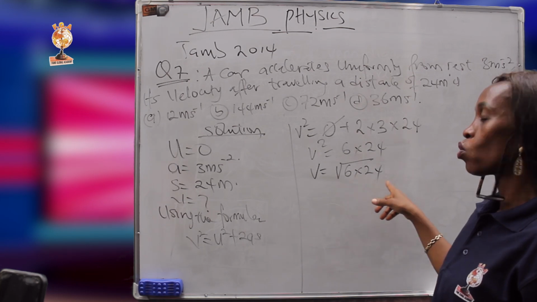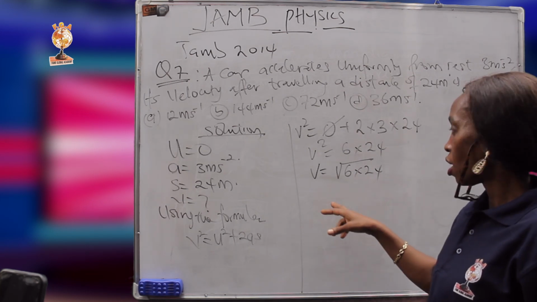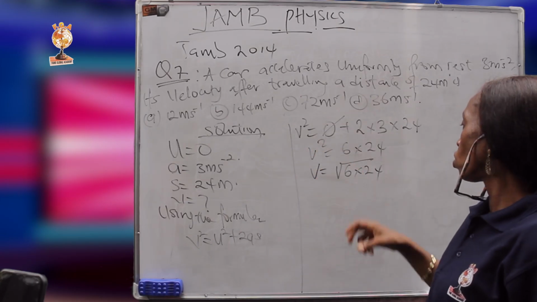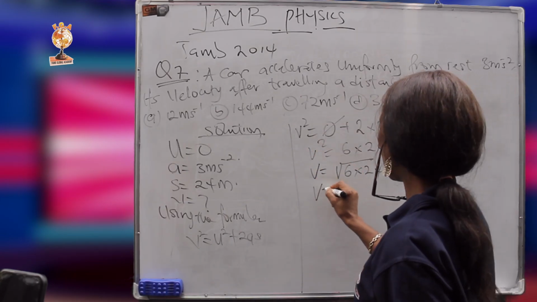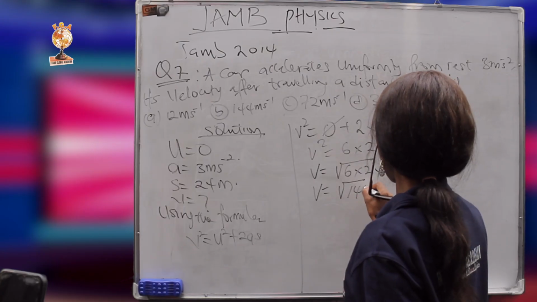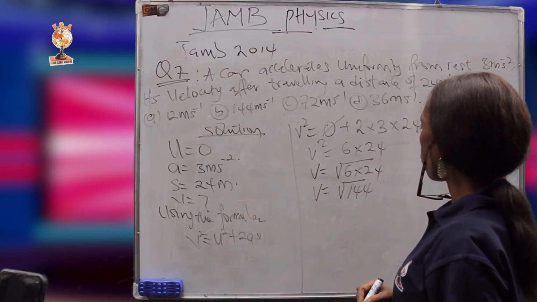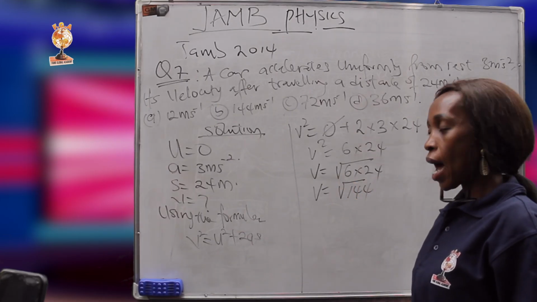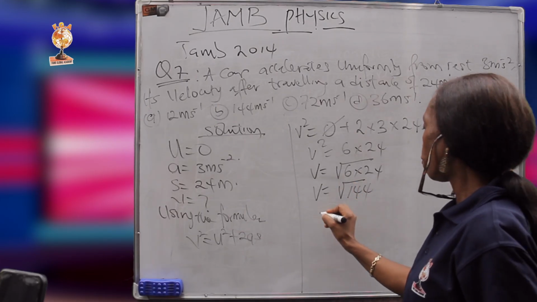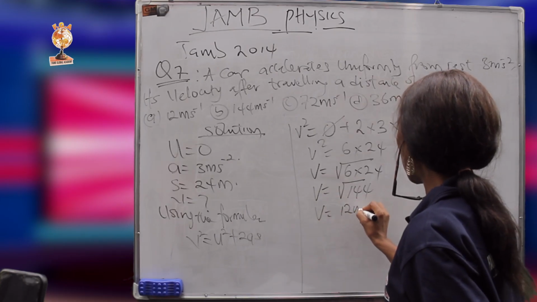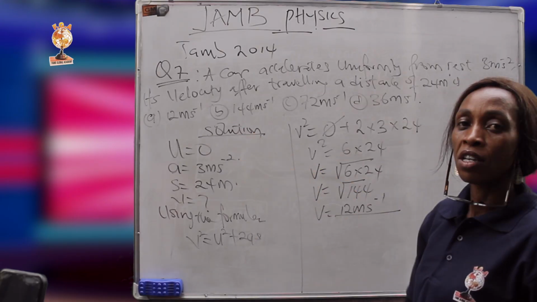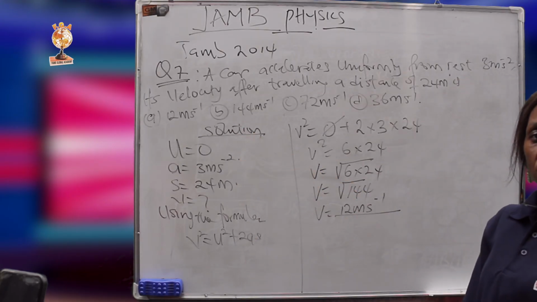Mathematically, if I move this square to the other side, it becomes 6 times 24, which is 144. If I multiply 6 times 24, I have 144. And if I find the square root of 144, V becomes 12 meters per second. So A is the correct answer to that question.